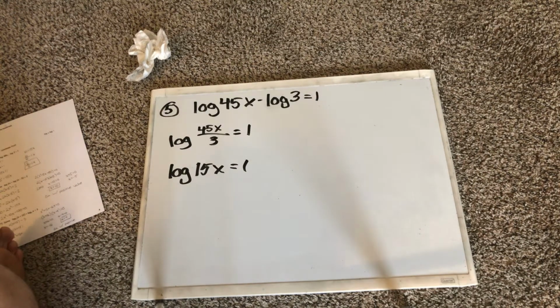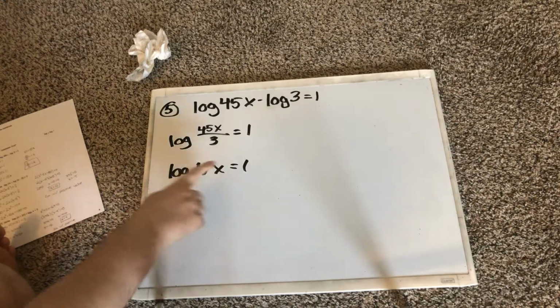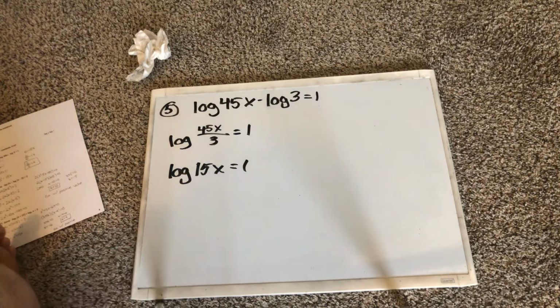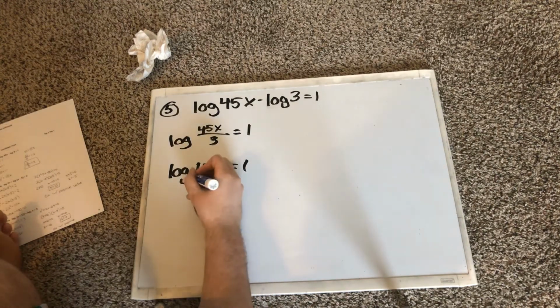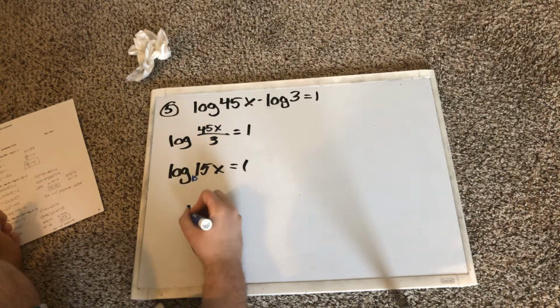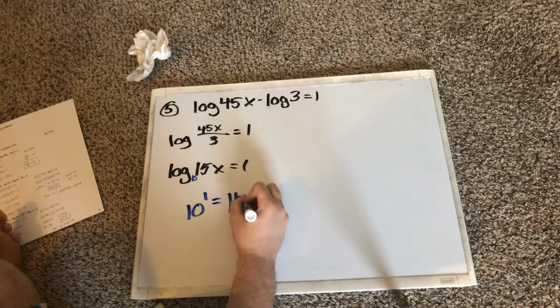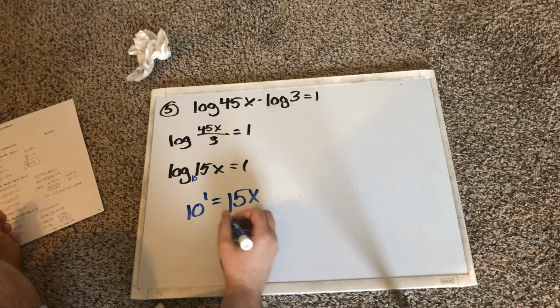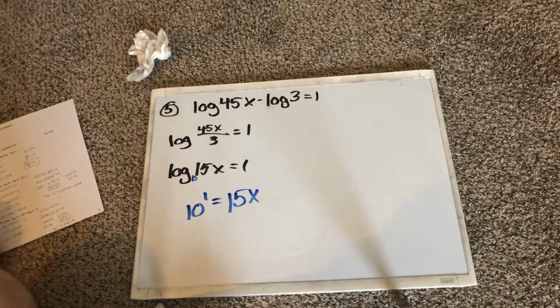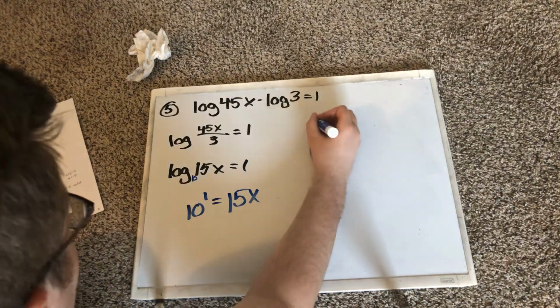So I have one log now, which is good. I have a log here, equal sign, and just a random number. I can't drop this log. I have to change to exponential form. So my base is 10 here. So 10 raised to the first power is equal to 15x. And 10 to the first power is 10.